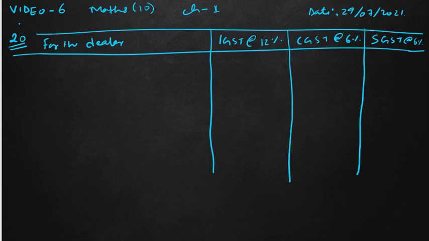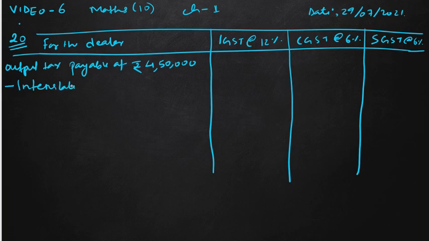Output tax payable at rupees 4,50,000, and this transaction is an interstate transaction.